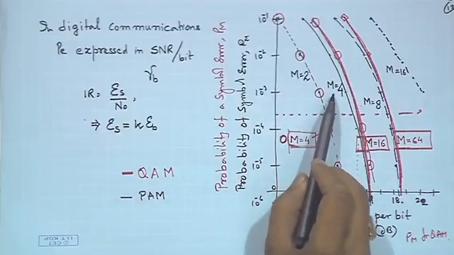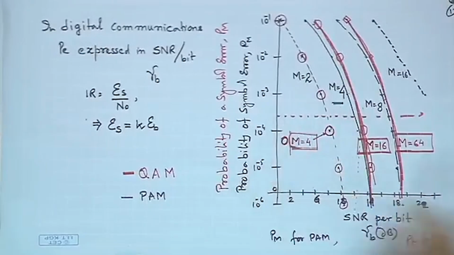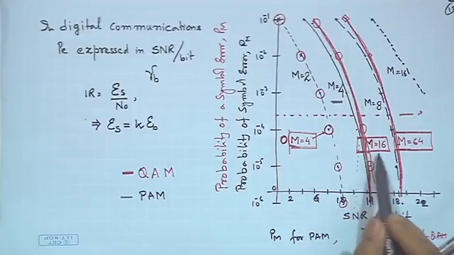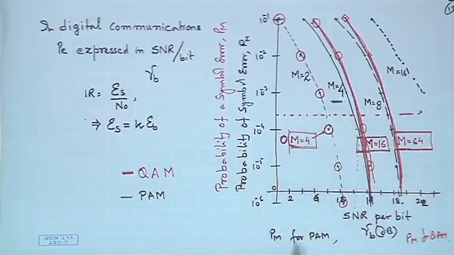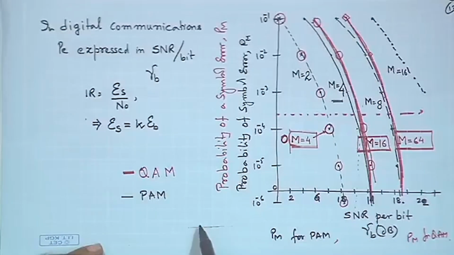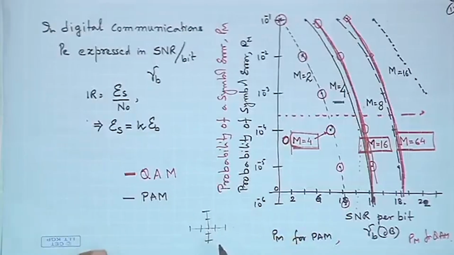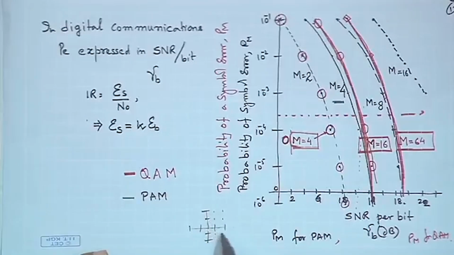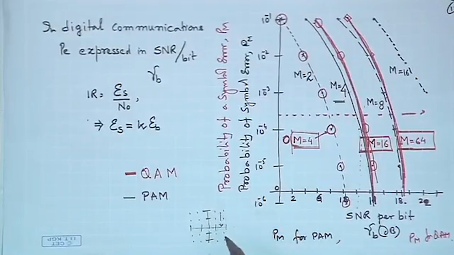So, what we find is M equals 4 for PAM has similar performance as M equals 16 for QAM. The reason being, 16 QAM can be constructed by 4 PAM. So, if this is 4 PAM, you have another 4 PAM, and we had reminded you that this could be used to construct a 16 QAM, and whenever a signal is received, suppose a signal is received here, its component is taken on the I PAM as well as its component is taken on the Q PAM.